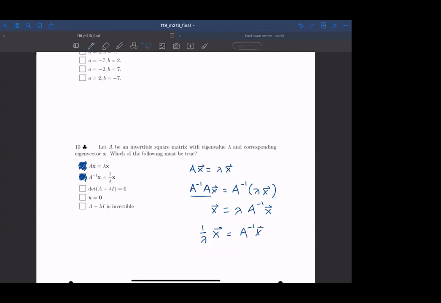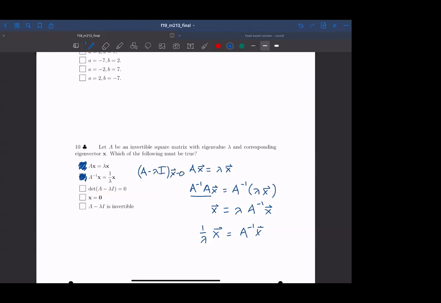The next one is the determinant of this matrix equals 0. Is that one true? Yes. Yeah, this is true, and this is essentially how you find the eigenvalues, right? Remember, the eigenvalues are precisely the scalars that satisfy this equation here, right? Because if the determinant of A minus lambda I is equal to 0, then that means that this matrix is not invertible, in which case there's going to be a non-zero solution.